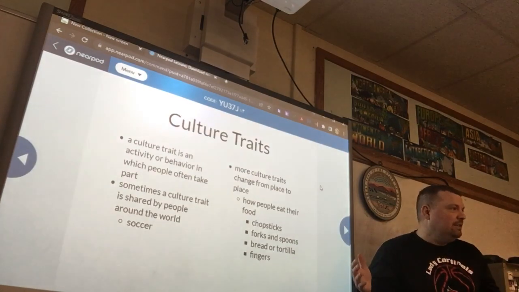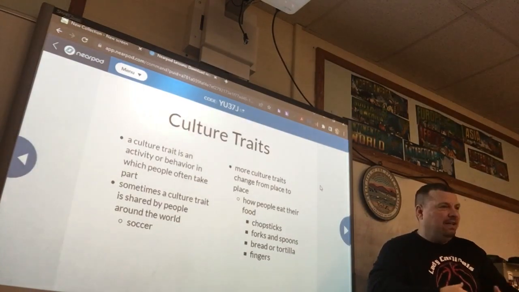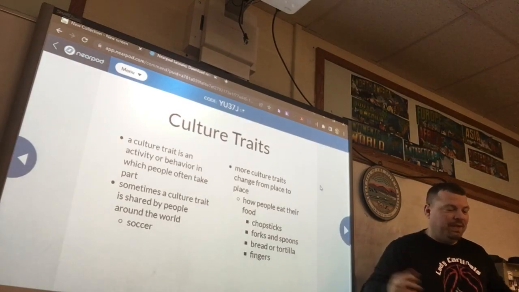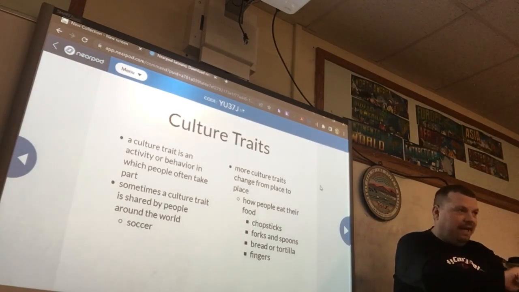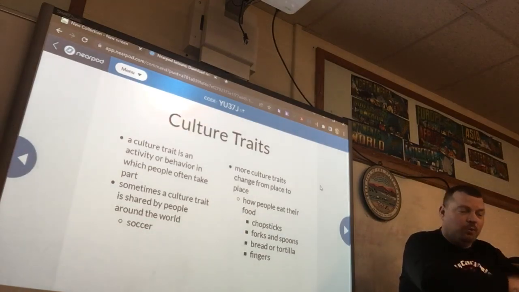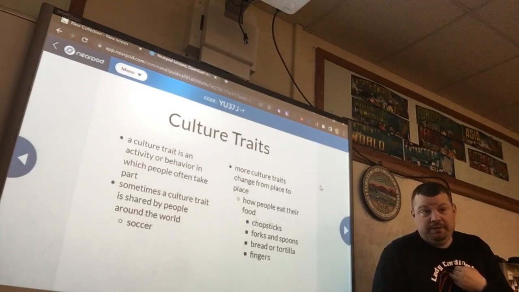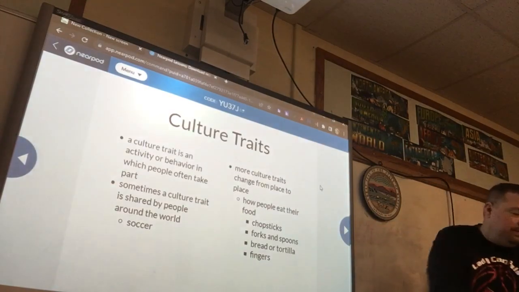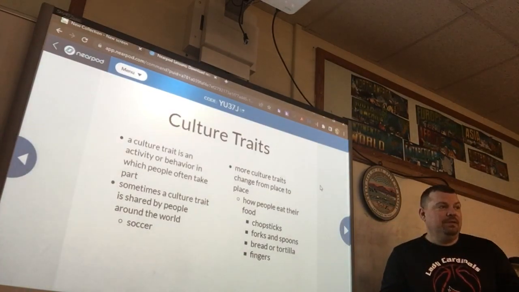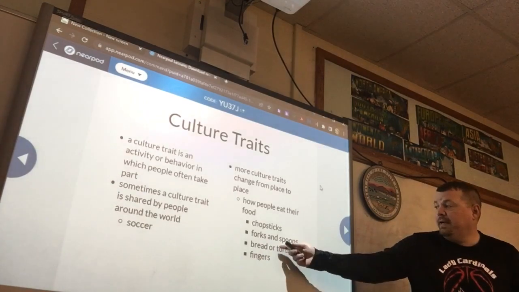I've eaten spaghetti hundreds of times before that, but that's how they do it. In Italy, they twirl their spaghetti onto their spoon. I had no idea. But that's a difference.